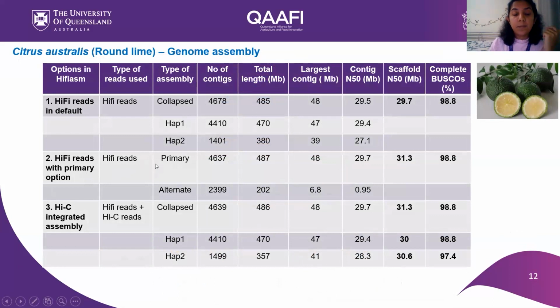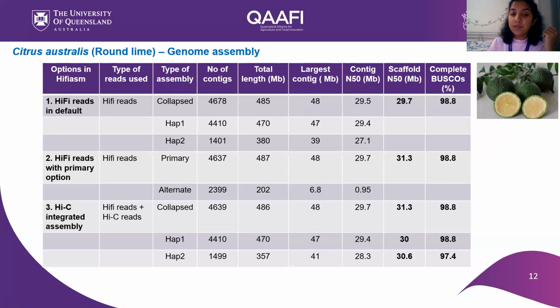One is the primary, which contains long contigs, but they're not haplotigs. And another one is the alternate assembly. It contains haplotigs, but they're highly fragmented. In the third mode, which is also known as Hi-C mode, it maps the Hi-C reads on a HiFi assembly graph, creating fully haplotype-resolved assemblies containing haplotigs. So basically, it generates 2 assemblies.